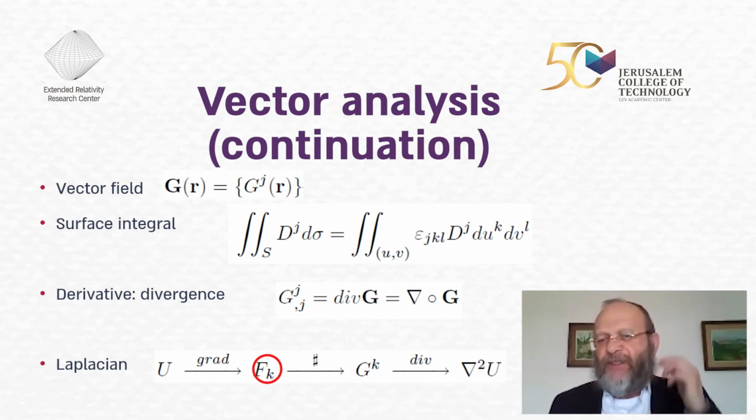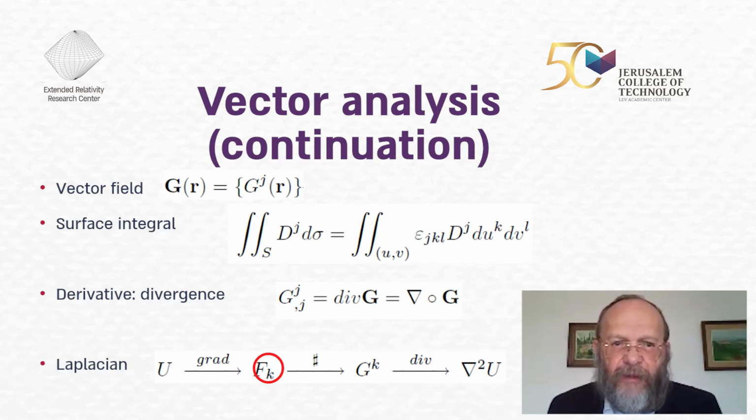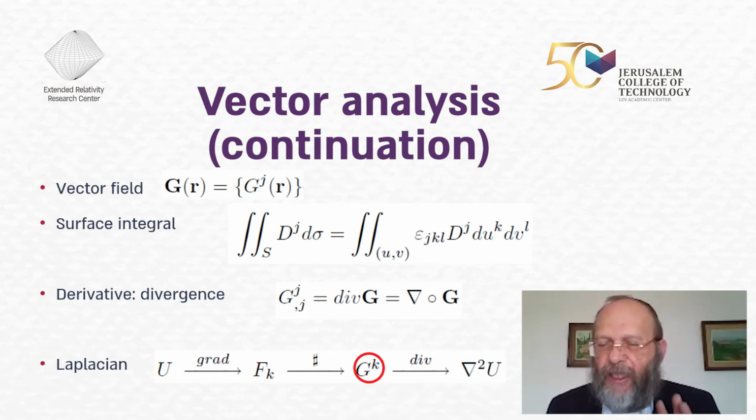It's a good exercise to see. If you take the curl of something which is the gradient, it is 0. Curl of gradient is 0. So you cannot go from this F to G by differentiation. And I'll explain how you go there.